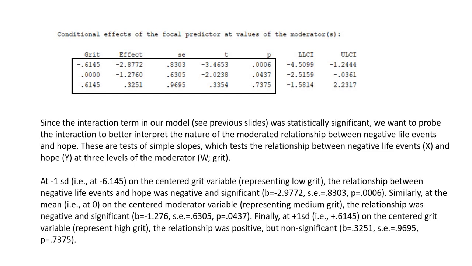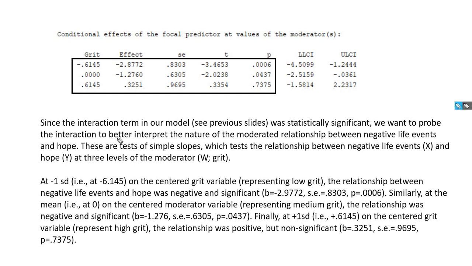These tests are simple slopes, which test the relationships between negative life events and hope at 3 levels of the moderator, more specifically at -1 standard deviation, at the mean, and at +1 standard deviation on the moderator.